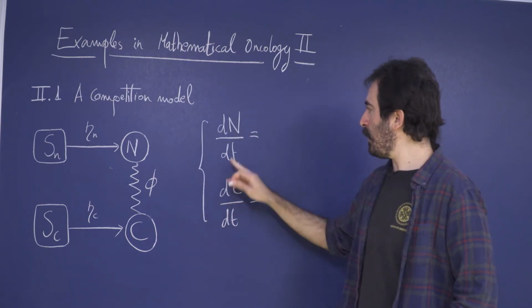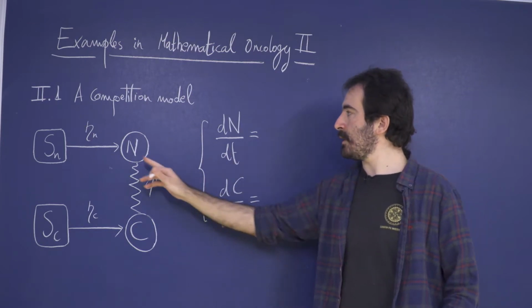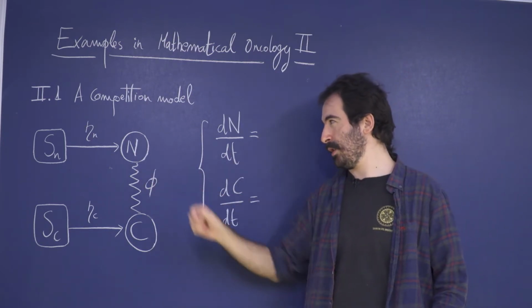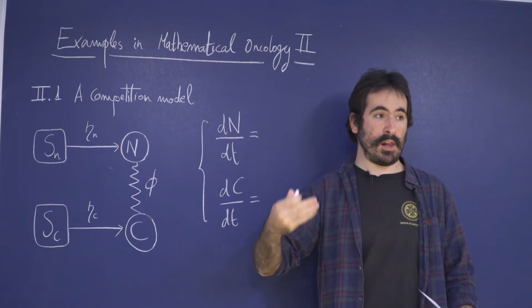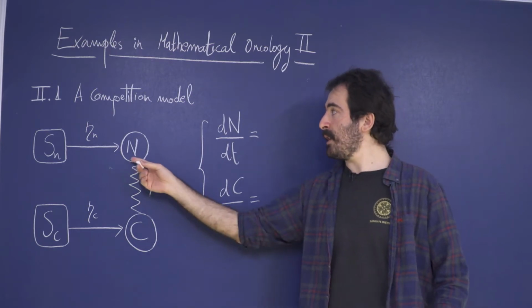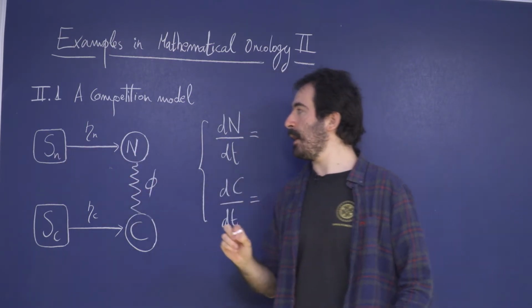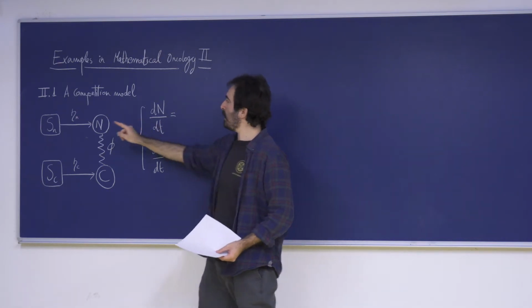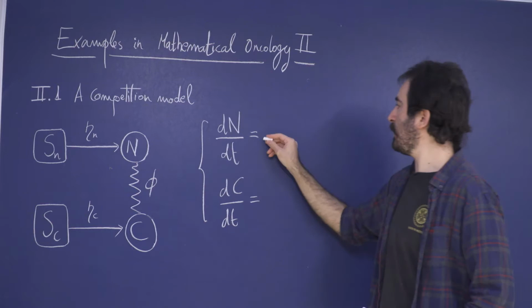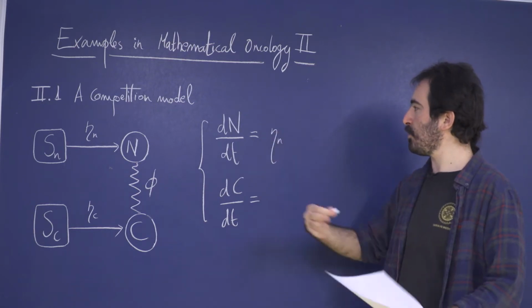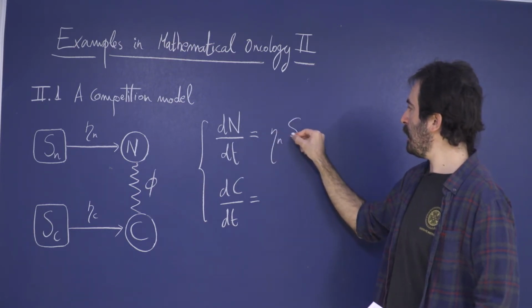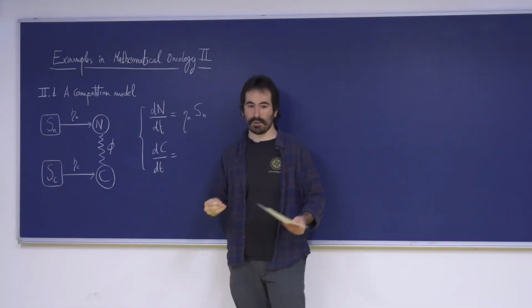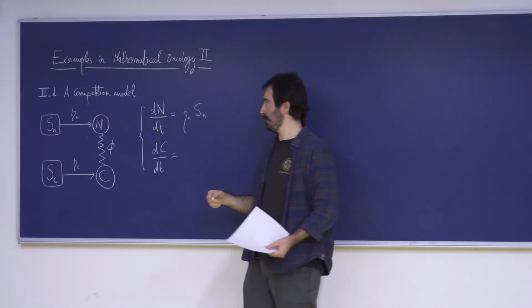In the first, the total number of healthy tissue, normal cells, is being fed by the number of stem cells, which we will consider to be constant all along the problem, and it does so at this given rate. So this is the rate of production of these normal cells, and of course this is coupled to the actual number of stem cells.